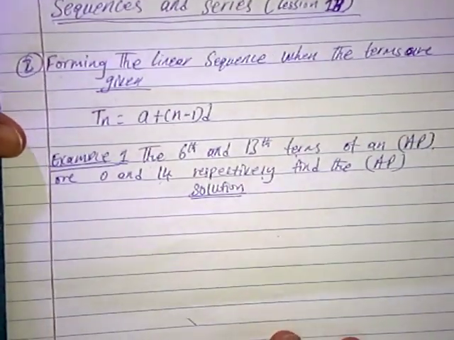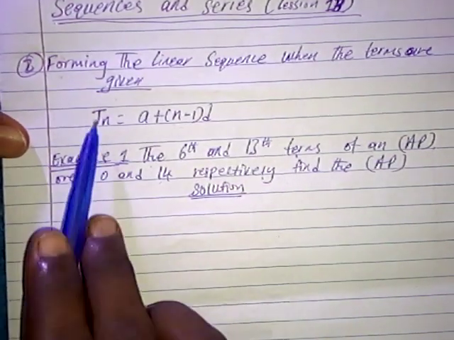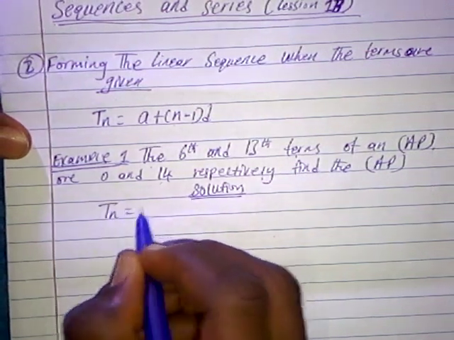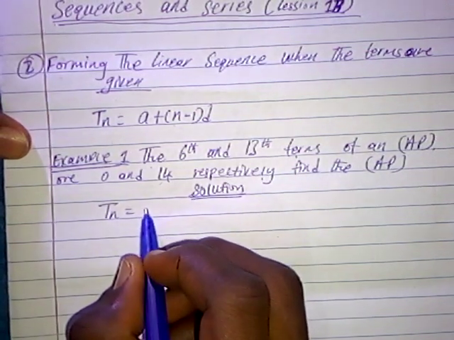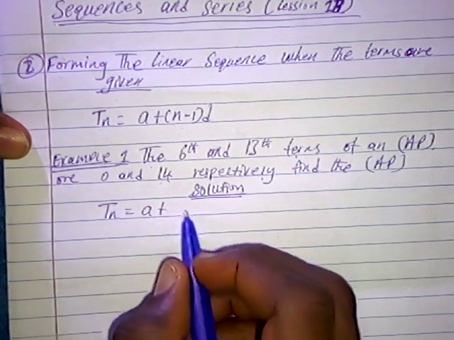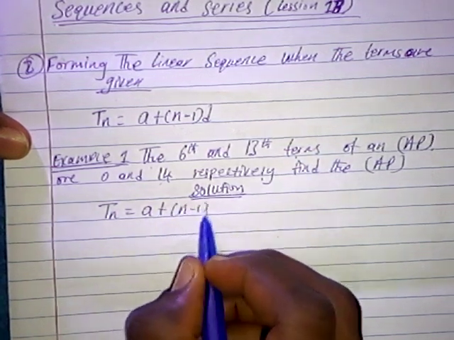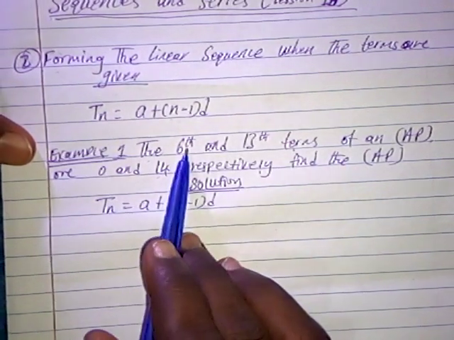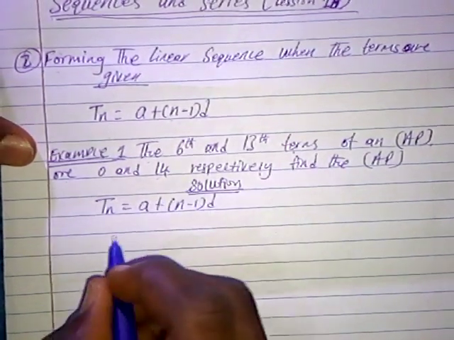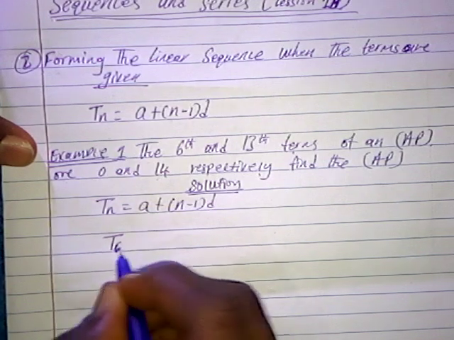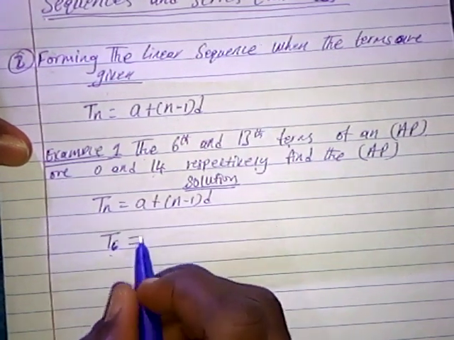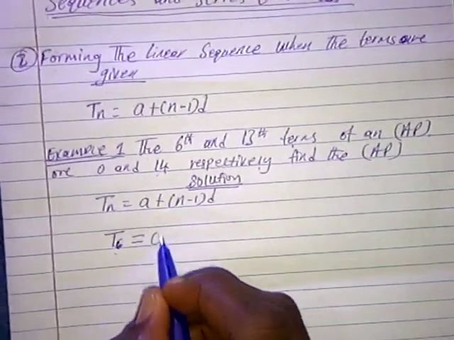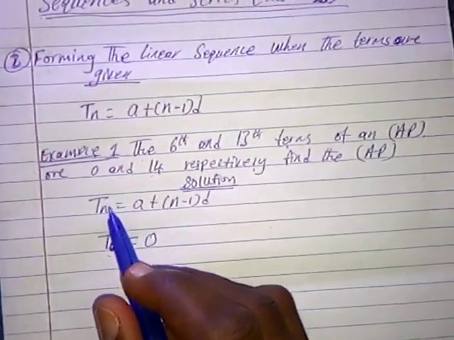Now we proceed. We are going to use this formula: Tn is equal to A plus (n minus 1) times D. Now, the 6th term should be equal to 0, because 0 came first for the 6th term.